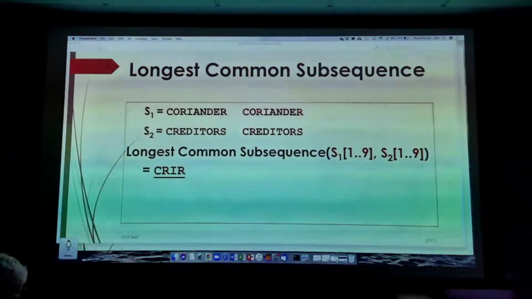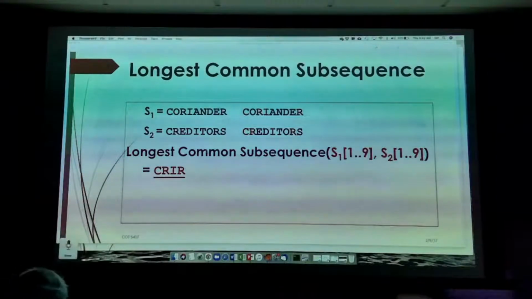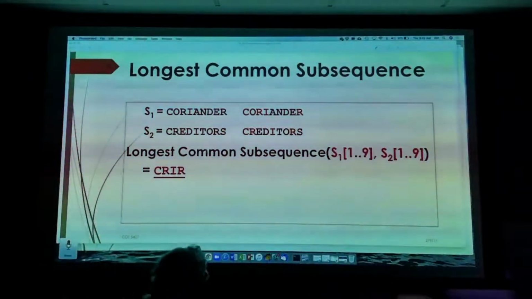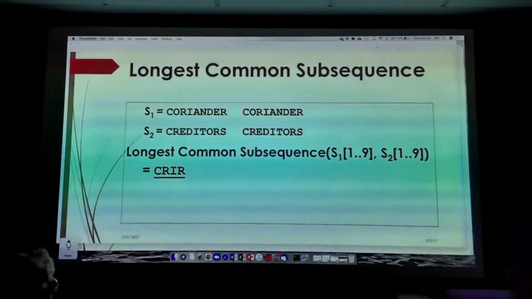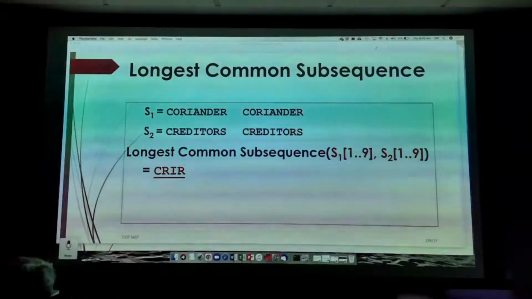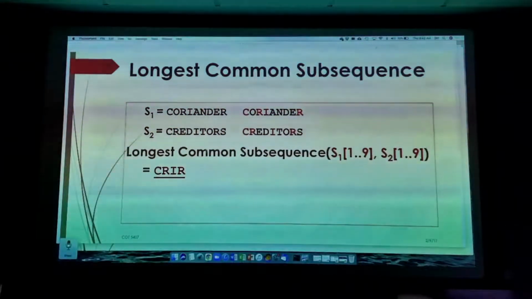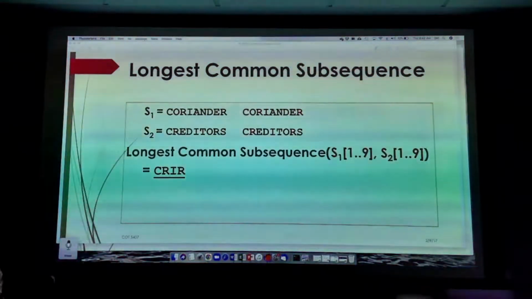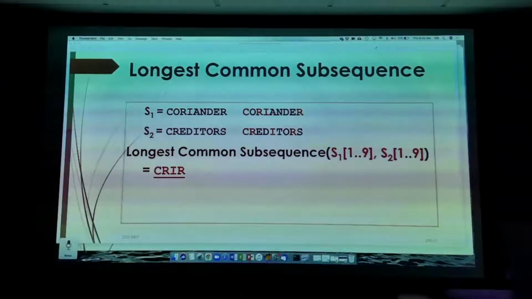You have to know which one you're picking, and you have to show that it's in the same order in both the strings. In this case, it turns out that CRIR is the longest common subsequence between those two strings, because we don't know of a way of finding 5 letters that appear in the same order in both these strings.